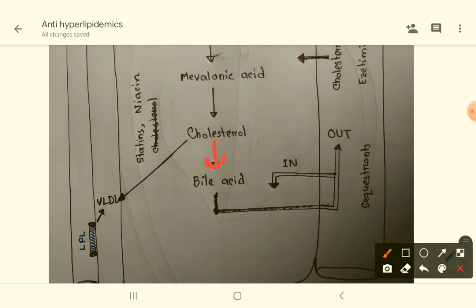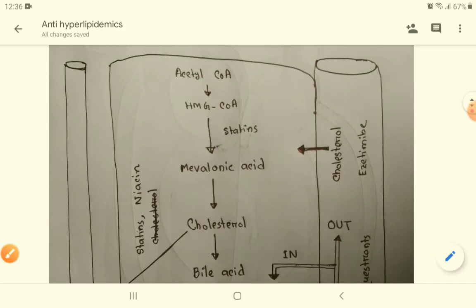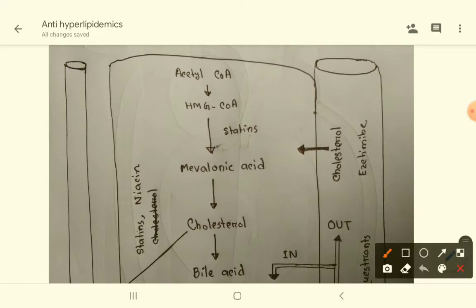So bile acid comes into the gut lumen, and from the gut lumen it is reuptaken. Okay, so most of the bile acids are reuptaken, and then you can see that cholesterol is also absorbed from the gut directly.